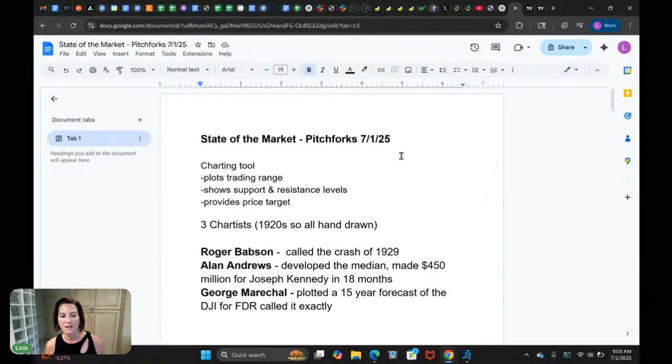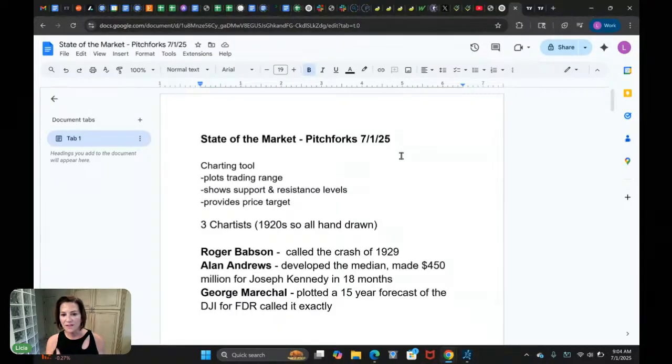So what's a pitchfork? A pitchfork is a charting tool that anyone can draw, super easy. It generally shows you where a stock has gone and where it's going to as it trades through those ranges, up and down. It'll trade through a channel that the pitchfork has created, which gives you guidelines on support and resistance, and points out pivot places, meaning a change in trend could be here because there's resistance.